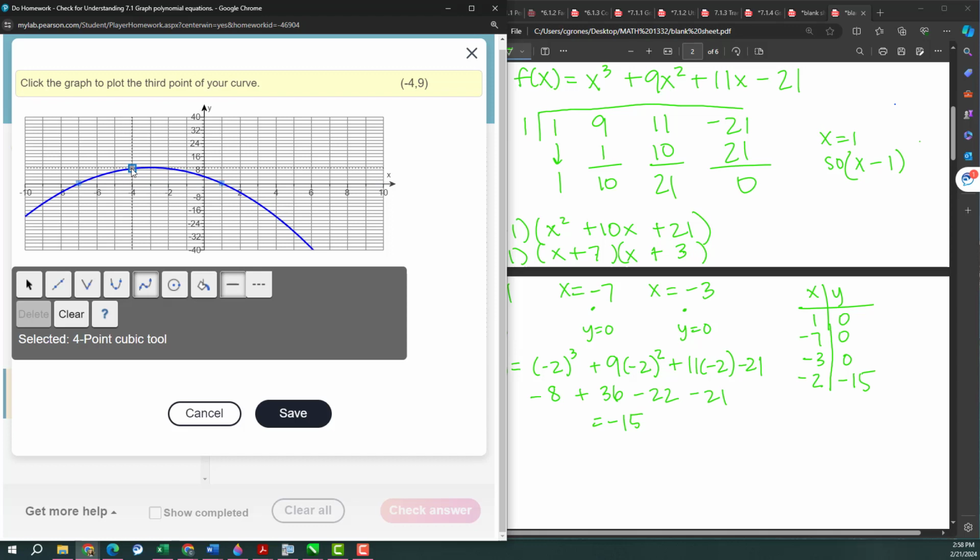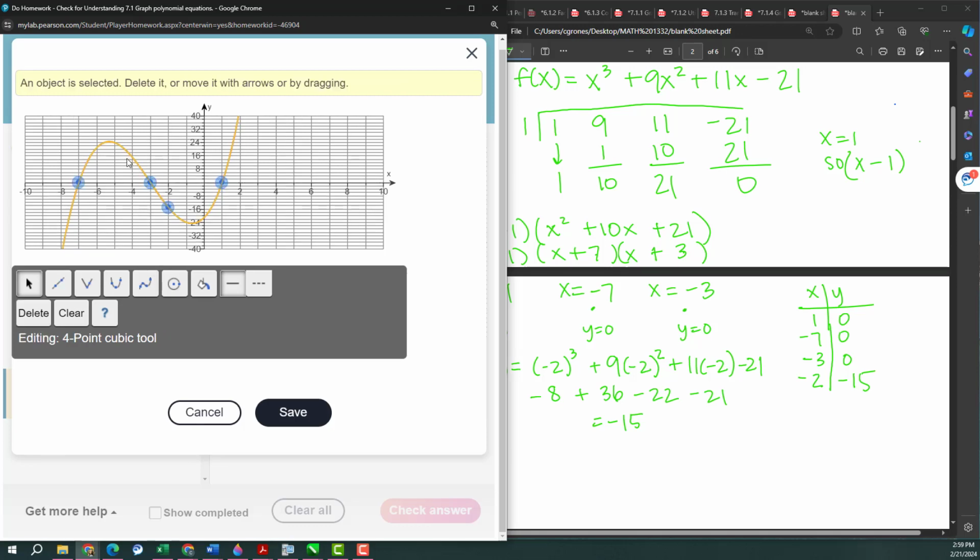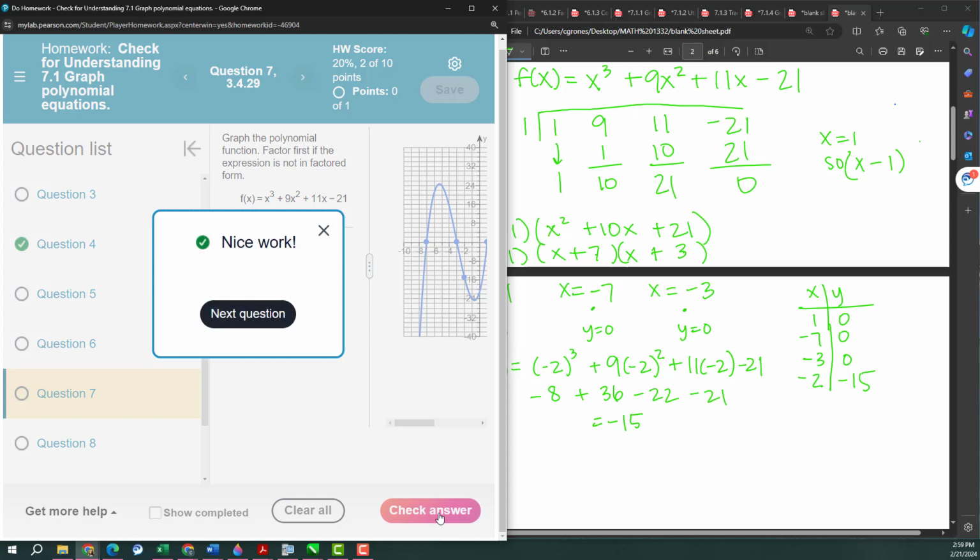I've got negative 2, negative 15. Oh, it goes over here. Negative 2, negative 15. And then also negative 3, 0. All right, so save, check.